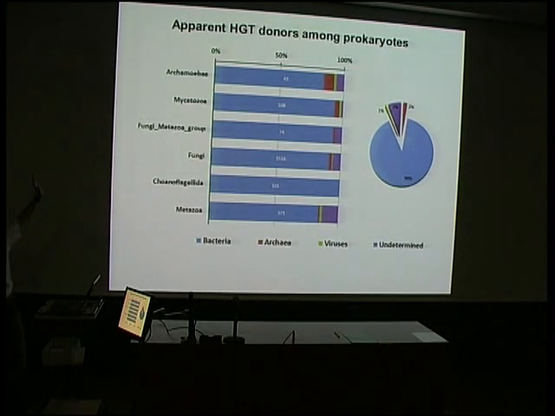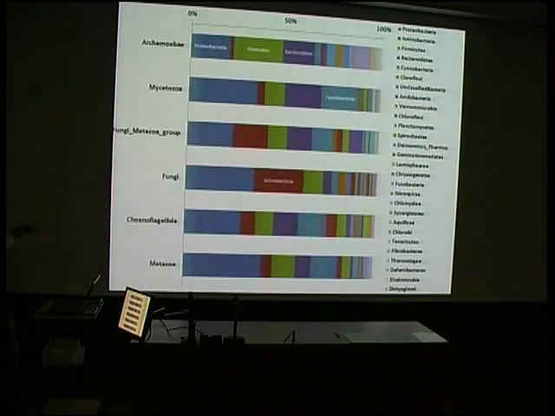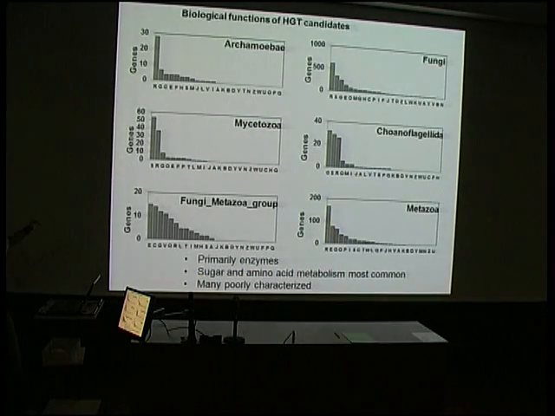We analyzed the different donors of horizontal gene transfer. I will go through this quickly. Just will note that these donors differ in different groups of Unikonts, and functions of these potentially transferred genes differ very much as well, but the generalization is that primarily these are enzymes, sugar and amino acid metabolism is most common.